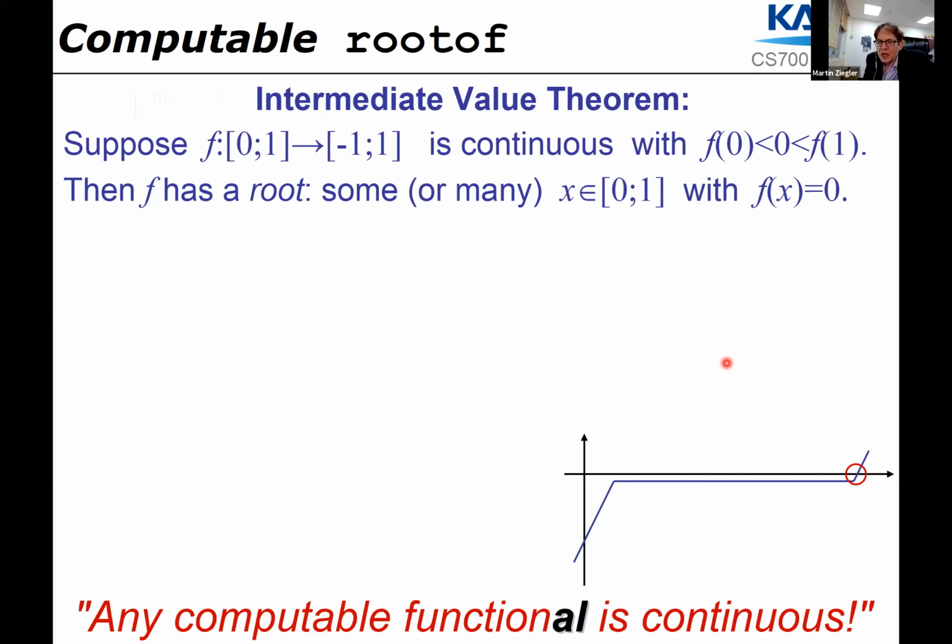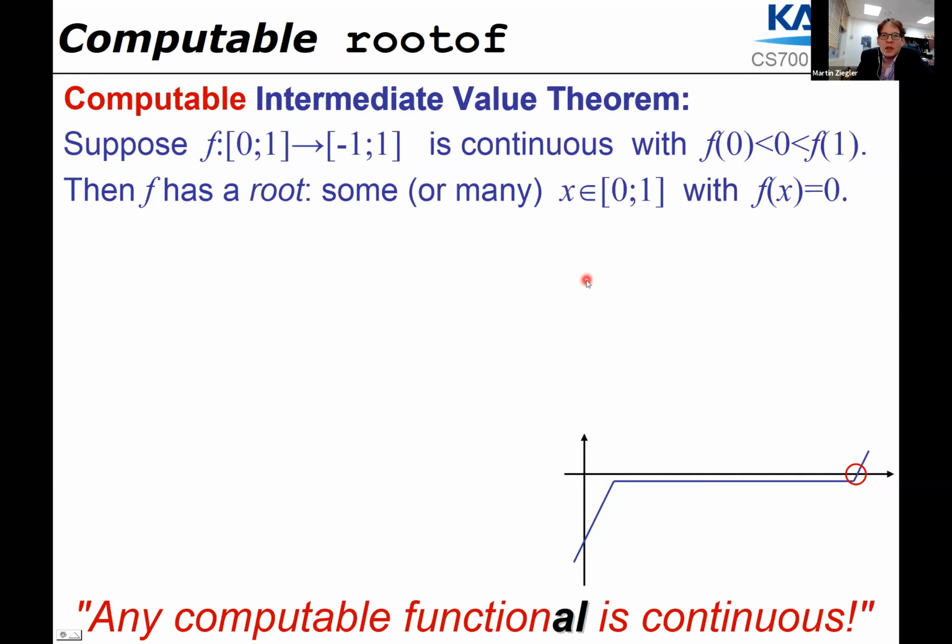On the other hand, if we omit the case where the function under consideration has many roots, if we exclude that, then it turns out that the root finding functional is actually computable. But we're not talking about functionals here yet. Functionals will be discussed in section F of chapter 2. So instead here we fix a computable function.